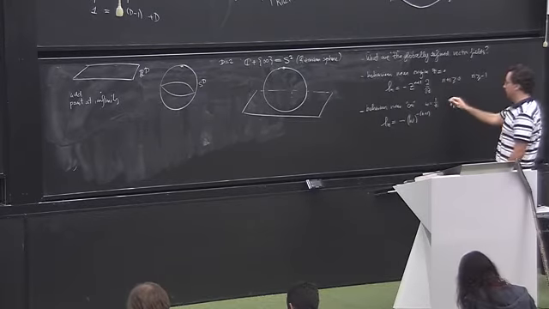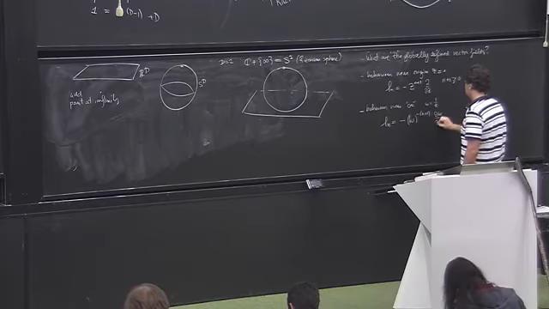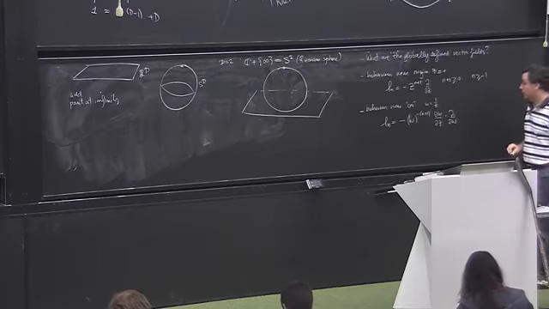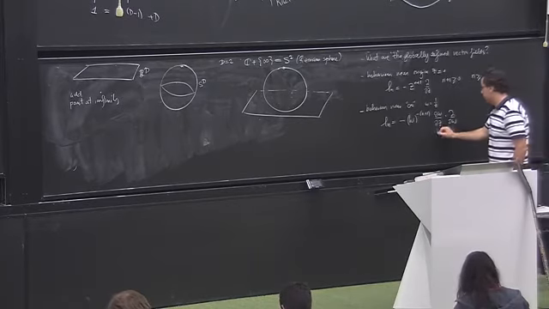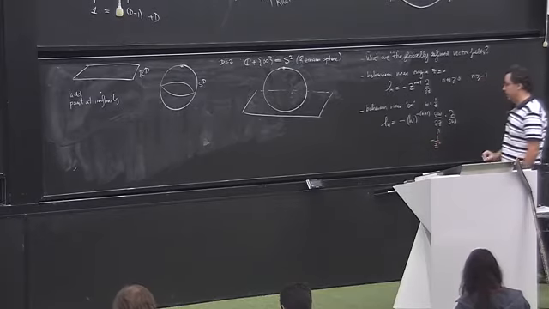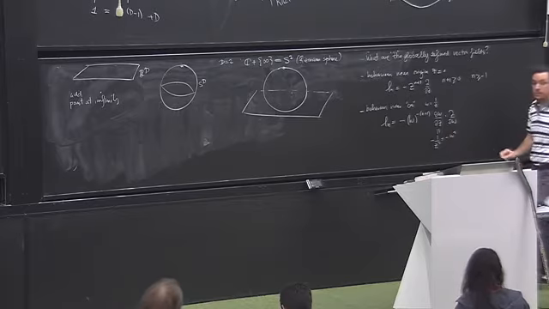And now we have to compute d/dz. So this is dw/dz times d/dw, right? And now I use the fact that dw/dz is minus 1 over z squared, or equivalently minus w squared.